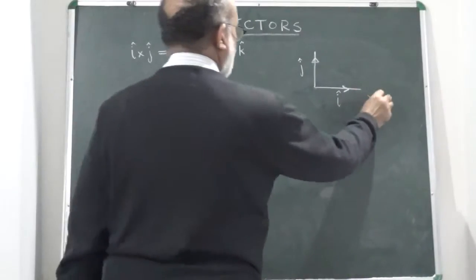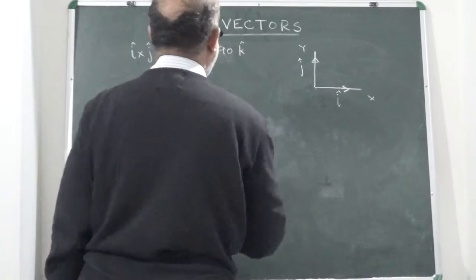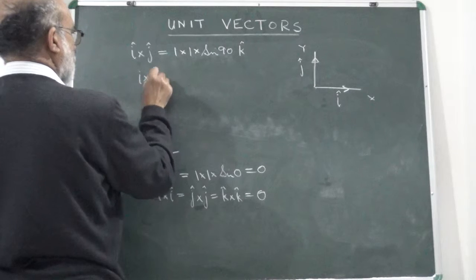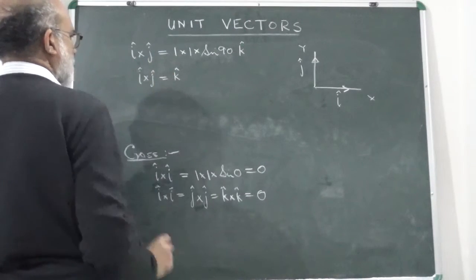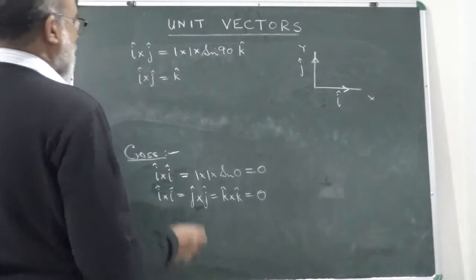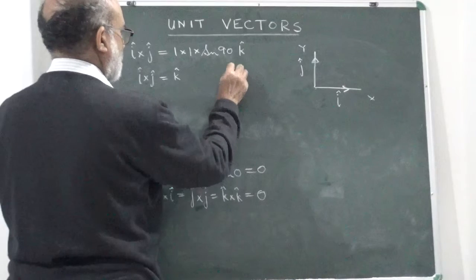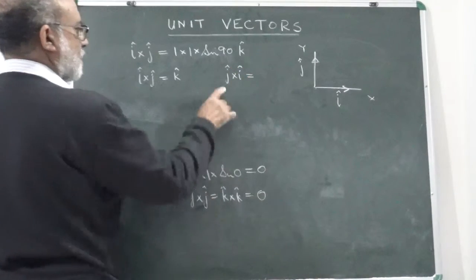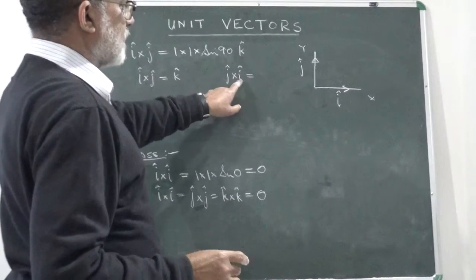If this is the x-axis, this is the y-axis, and this is the z-axis, then it is along the z-axis. So you can write simply i cross j as k. Similarly, if you invert this, it is j cross i. It means your first vector is j and the second vector is i.